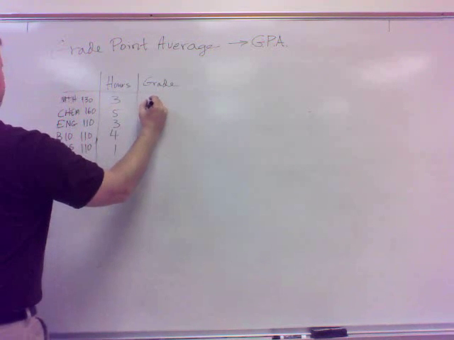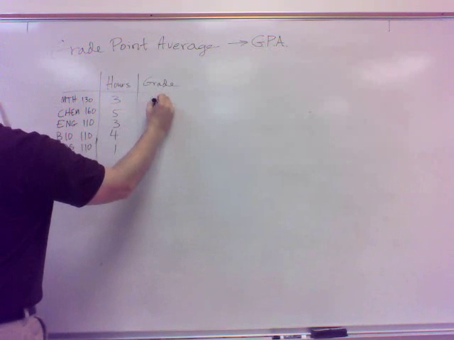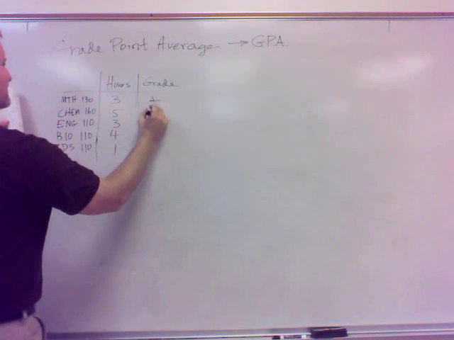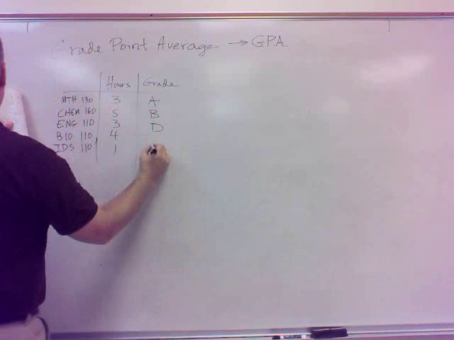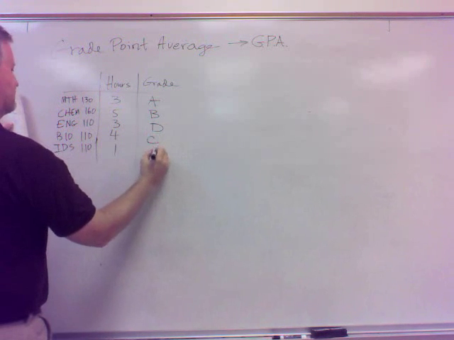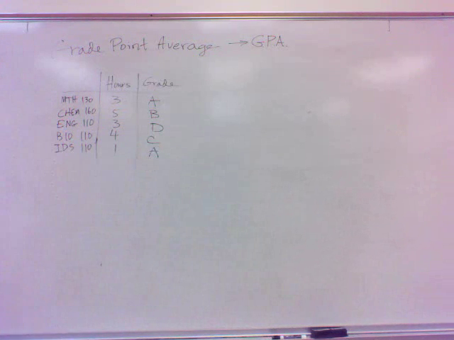Let's say in Math 130 we make an A. In Chem 160 we got a B, and then we got a D in English 110, a C in Bio 110, and an A in IDS 110. Okay, just to make it a variety there.